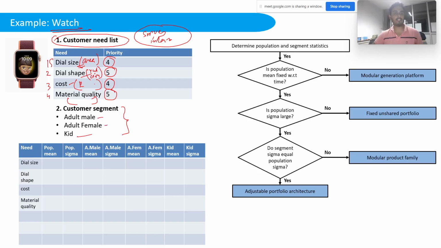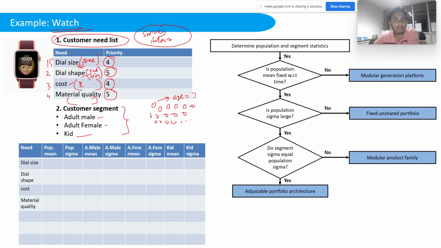How do you capture this? When you do a customer survey, initially you take all the inputs from various people. Later, based on certain parameters, for example, you consider age as a parameter. While taking the survey you ask, please tell me your age also.